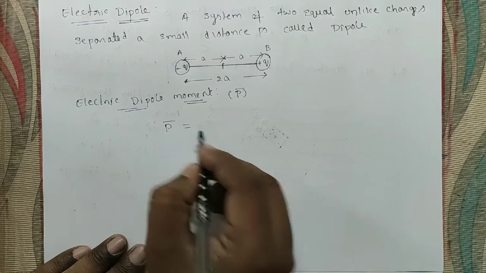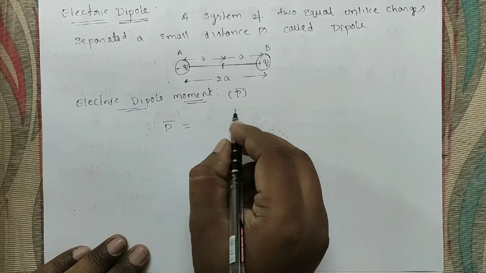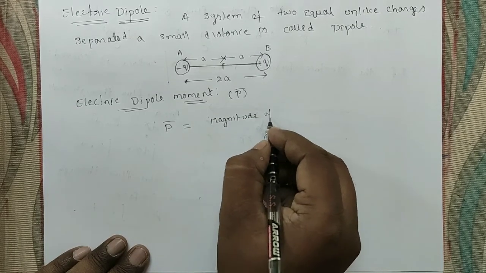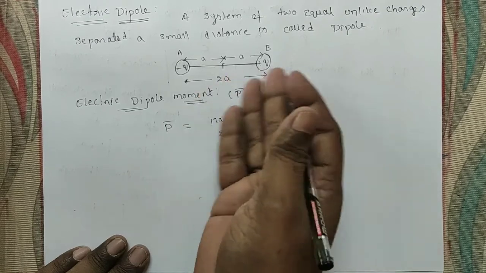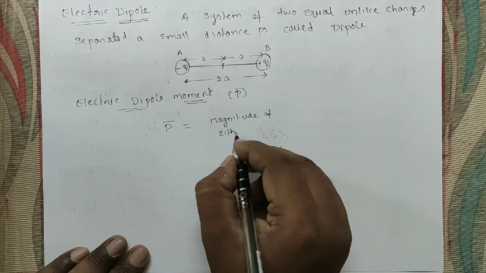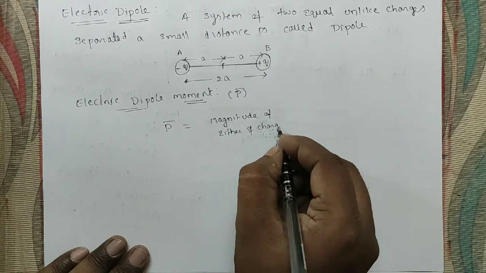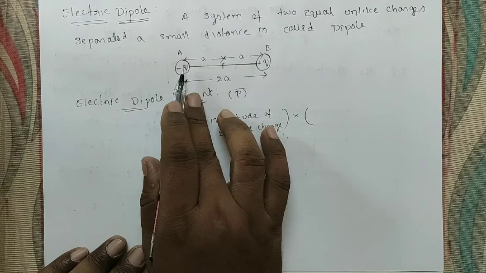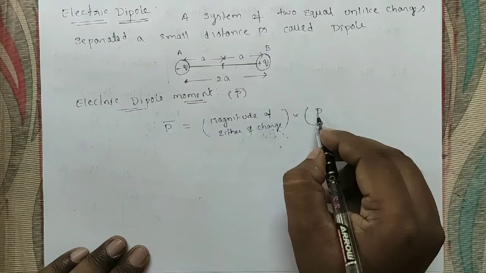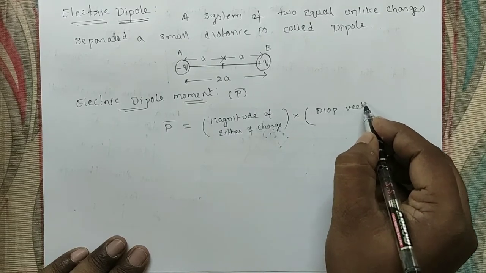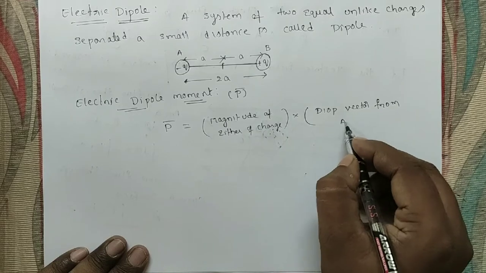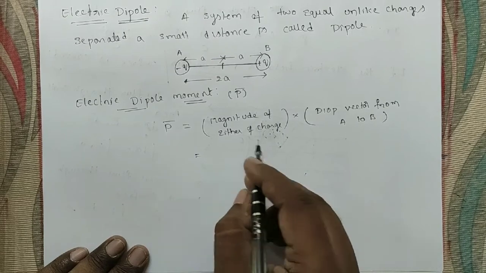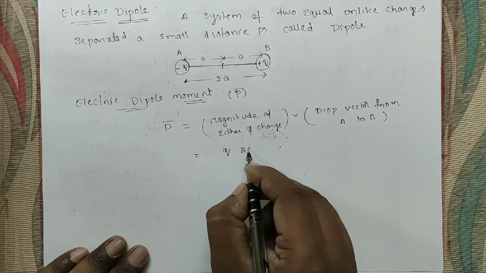P bar is nothing but the magnitude of either of the charges, because both have the same charge, into the displacement vector from A to B, that is from negative charge to positive charge. We write it as Q into 2A bar.